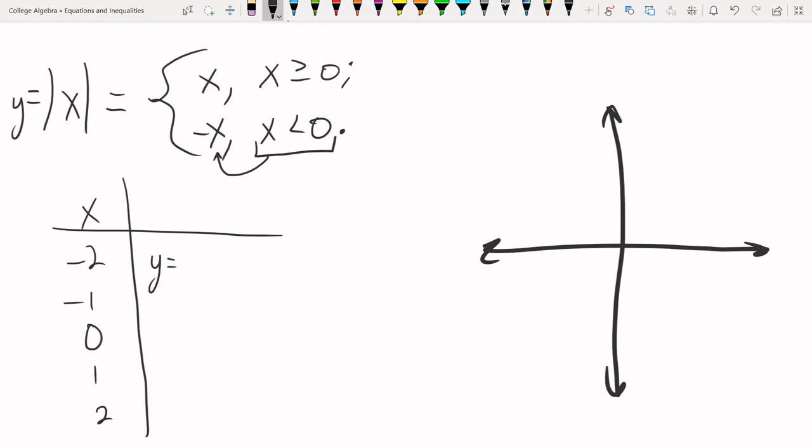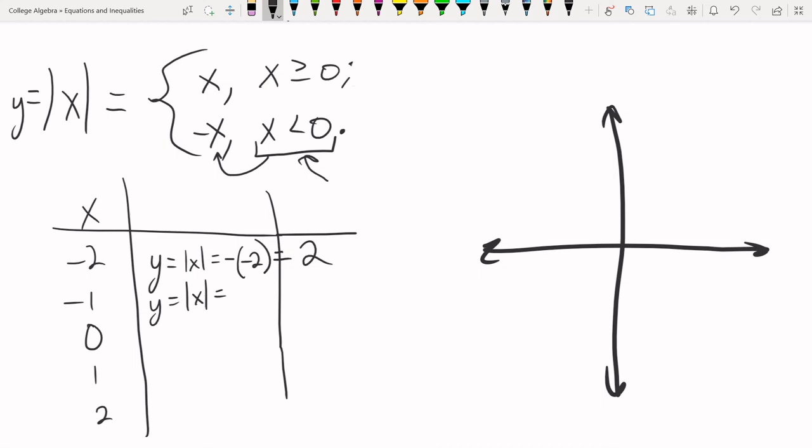Y equals absolute value of x, which for this definition we're going to say is -x, which is -(-2), which gives us 2. We use -1. Again, we have this bottom case, x is less than 0, so we have the same kind of idea. Negative of -1, which is 1.